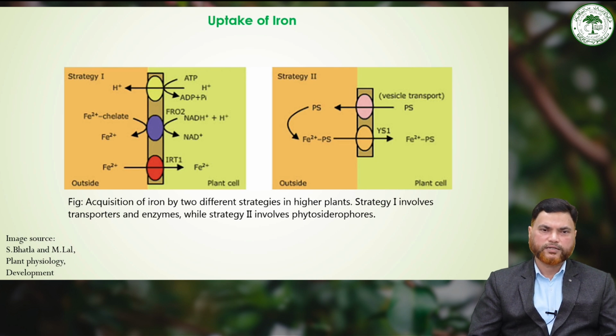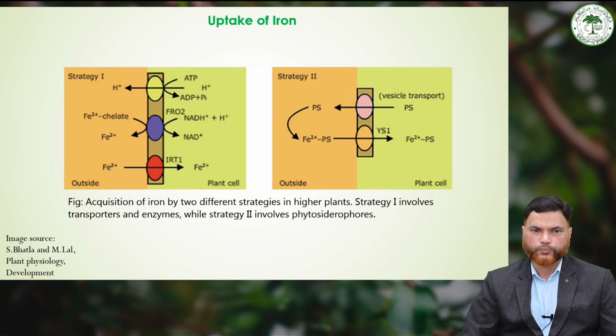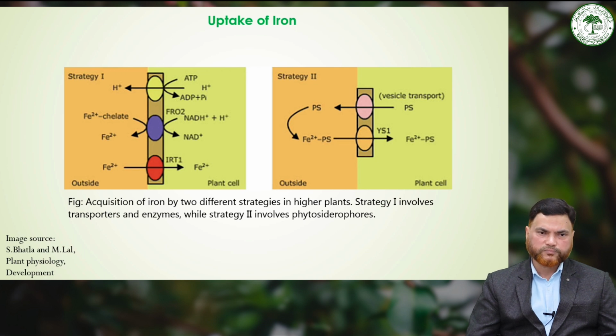So, you see in the slide there are two strategies, strategy 1 and strategy 2. First we will discuss in detail what is strategy 1. You see in the slide that strategy 1 is very much prevalent in most monocotyledonous and dicotyledonous plants except grasses.